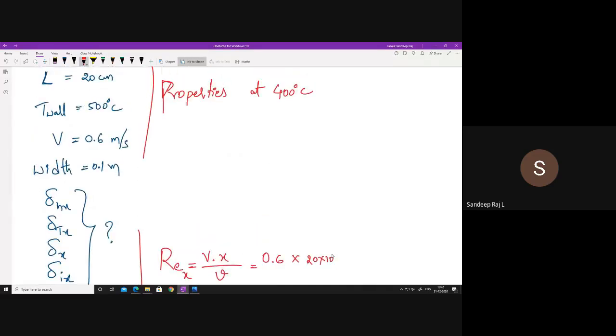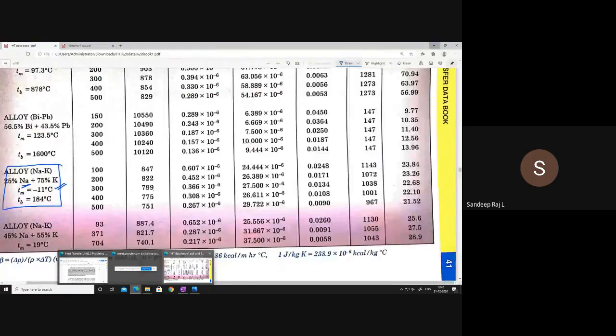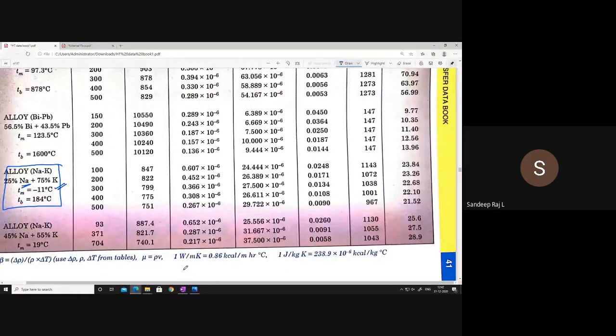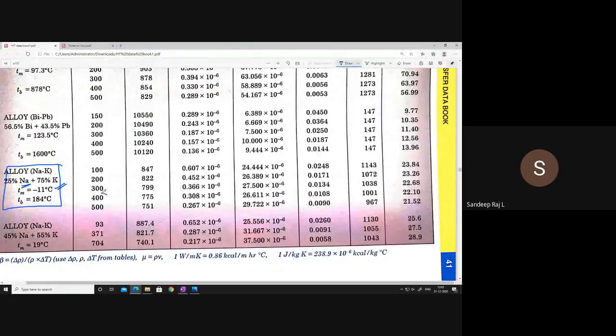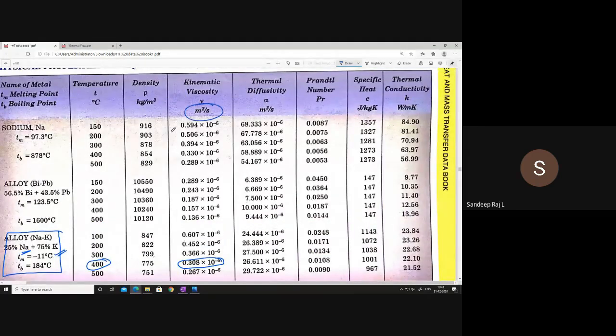So 20 into 10 to the power of minus 2, divided by the nu value, which you have to get from the data book at 400 degrees centigrade. It is 0.308 into 10 to the power of minus 6, measured in meter square per second.